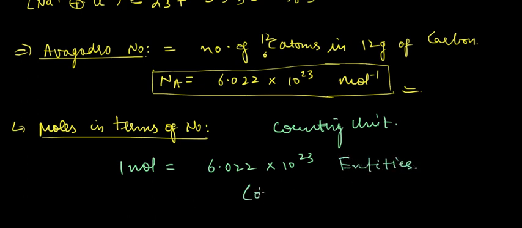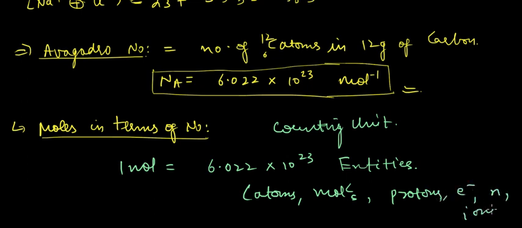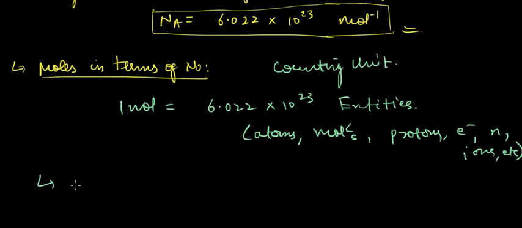So entities could be either atoms, molecules, protons, electrons, neutrons, ions, etc.